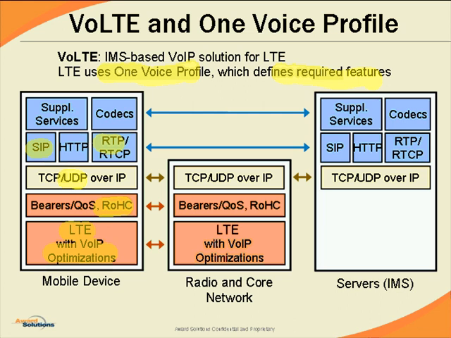So we specify basically what the mobile device needs to do, what the radio and the core networks need to do. In terms of the IMS network, again, the UE will be talking to the IMS network, supporting certain codecs and certain protocols. So One Voice Profile says, okay, for all those various layers and various protocols, what should we do?